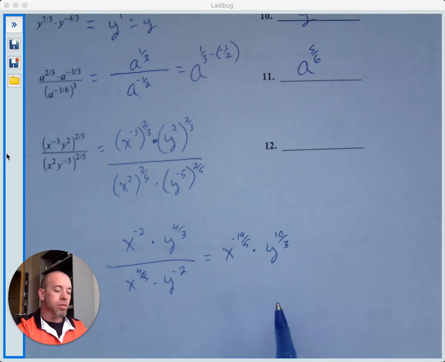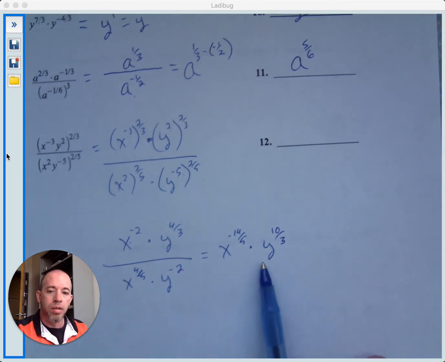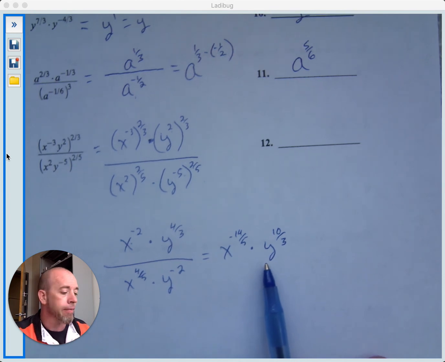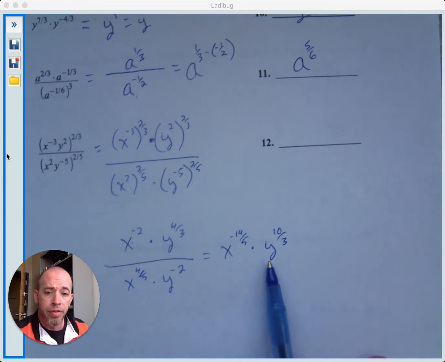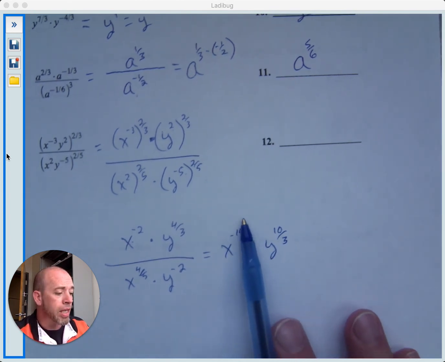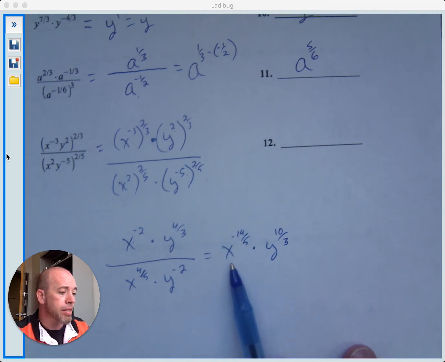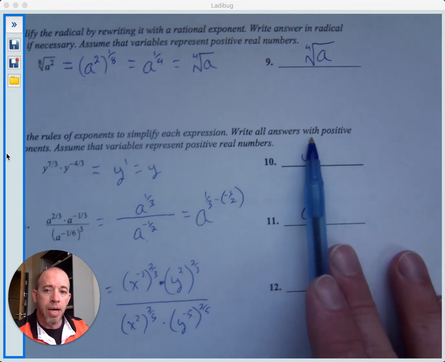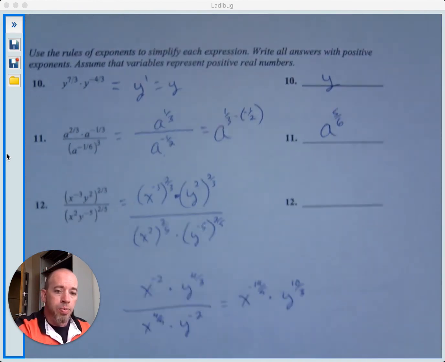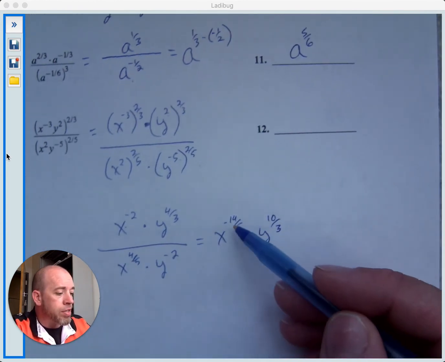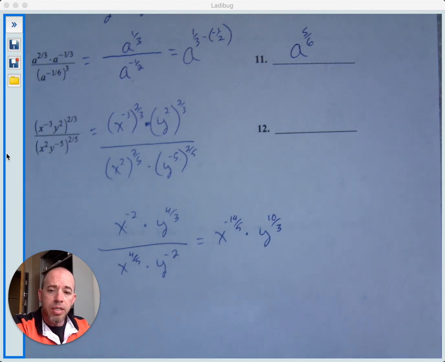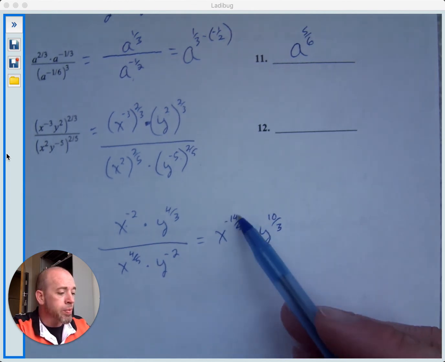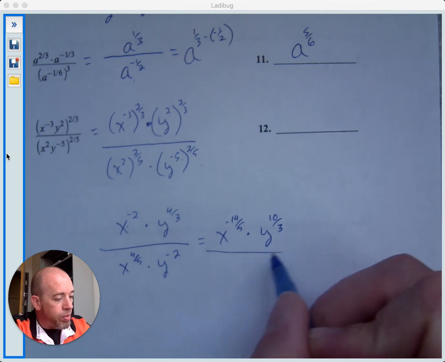Alright, so if you look at this, it looks all good and fine and well, but if you remember, briefly I mentioned we don't really like to have negative exponents. In fact, it even says that in the directions. Write all answers with positive exponents. And that's pretty easy to do. If you have a negative exponent, you just move it to the other location. So if it's a negative exponent in the numerator, right now this is all over 1, right?